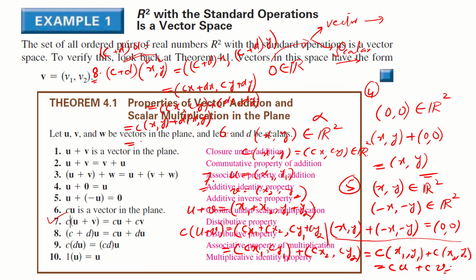So the first one is what? That is cu plus du as well. So you see that (c plus d) into u is equal to cu plus du. So condition number 8 is also satisfied.